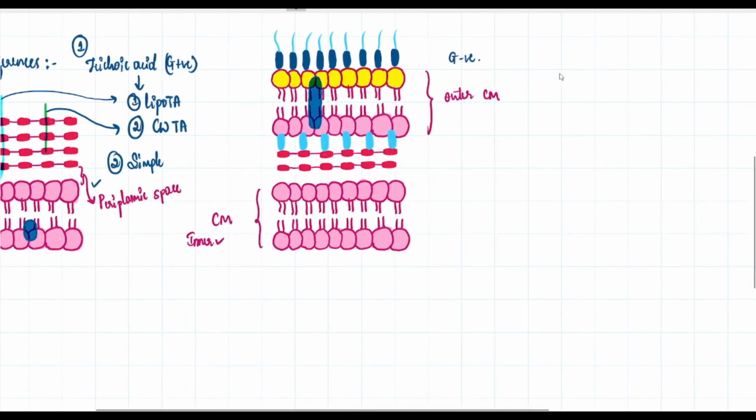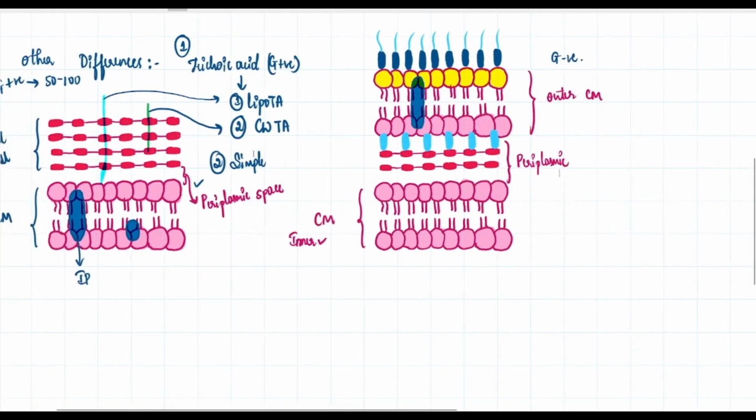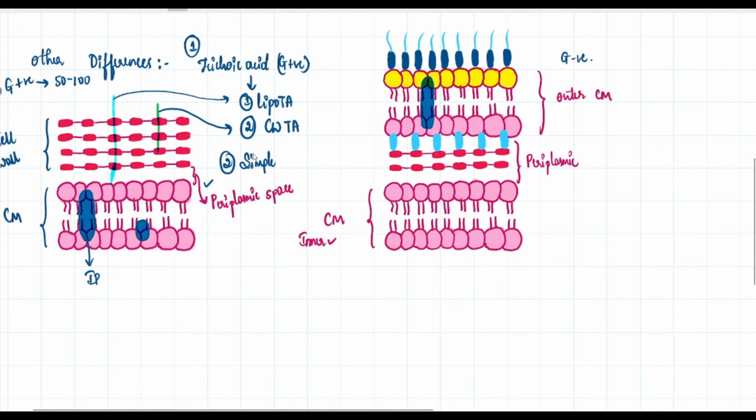Here also, you can see this space. This is the periplasmic space. Remember, the periplasmic space in gram positive bacteria is between the cell wall, and that cell wall is nothing but layers of peptidoglycan, and the cell membrane or plasma membrane.